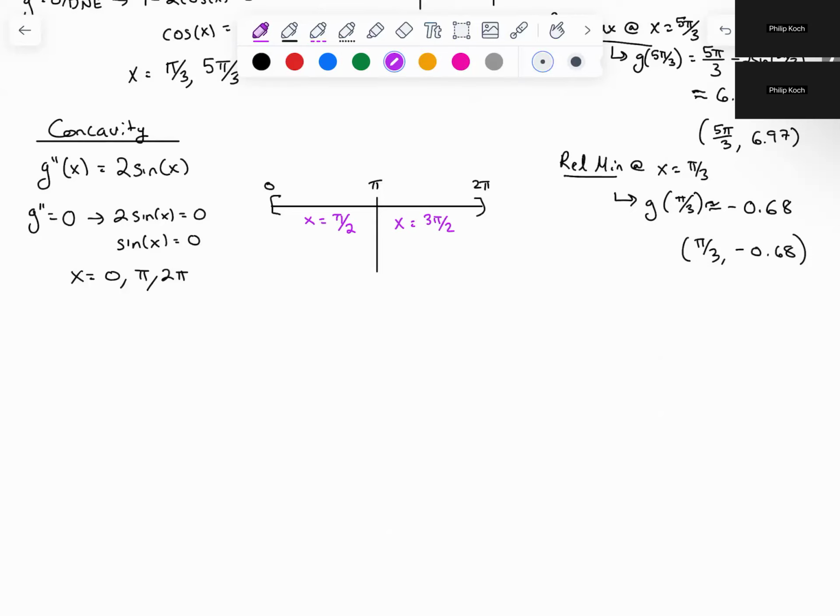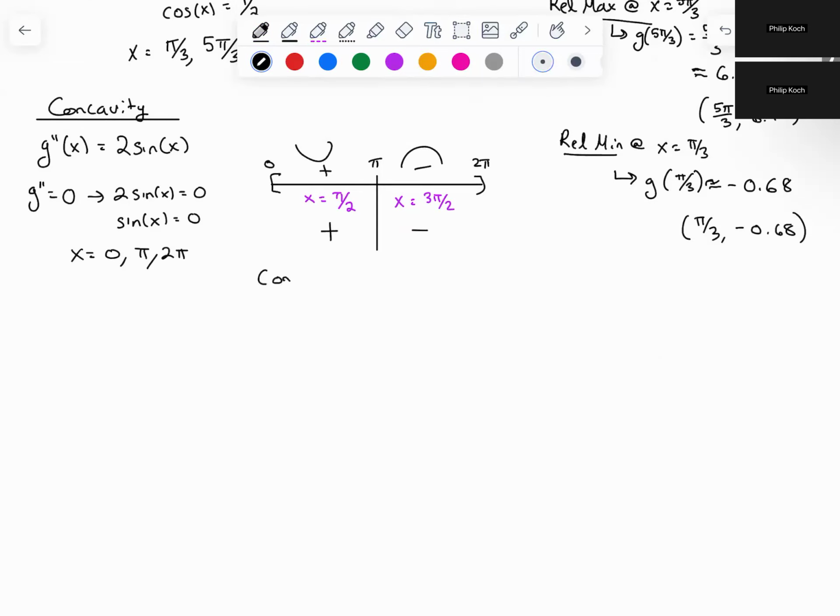But sine of pi over 2 is positive 1. So it's positive, meaning it's going to be concave up between 0 and pi. And then if you plug in 3 pi over 2, sine of 3 pi over 2 is negative 1. So it's going to be negative here, so it's going to be concave down.